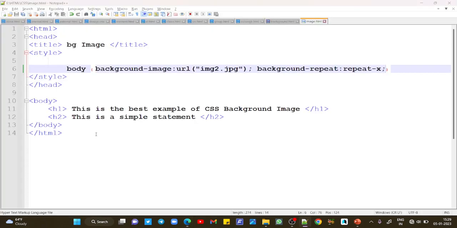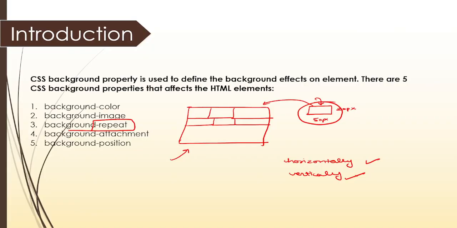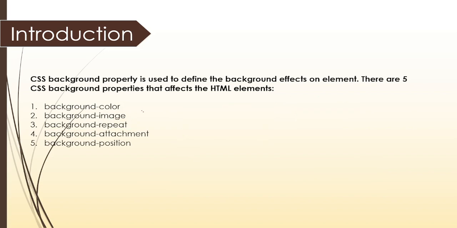Repeat-x here means, so we have two background repeat options. First is repeat-x that we have used here, and another option you have is repeat-y. X means it works on the x axis only. Y means it works on the y axis only.